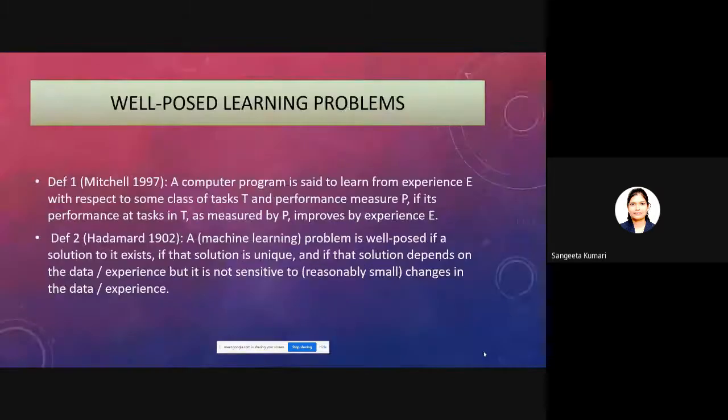What are well posed learning problems? These two definitions are considered nice definitions for a well posed learning problem.